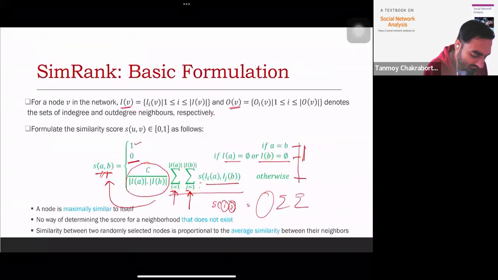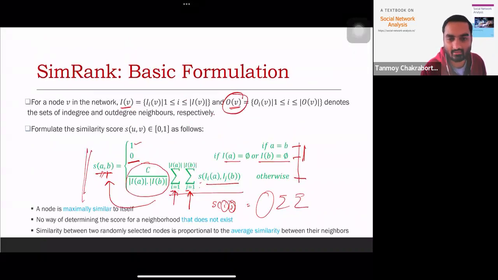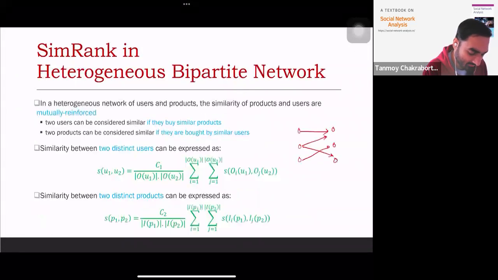So far we have not used in-degree or out-degree in the formulation because we assumed it's an undirected network, where in-degree and out-degree are the same. Now let's assume that it's a directed network like this, and you have users U1, U2, U3, and products P1, P2, P3.